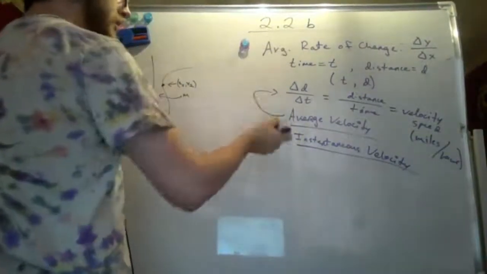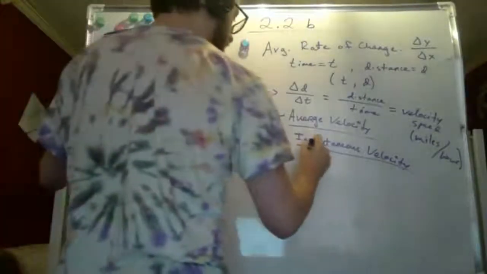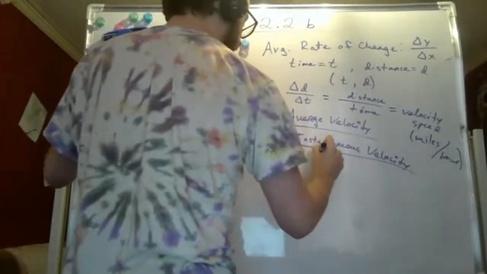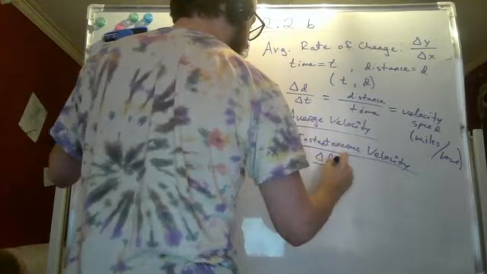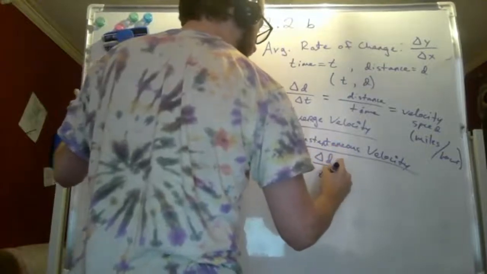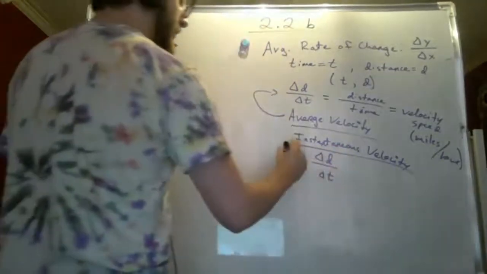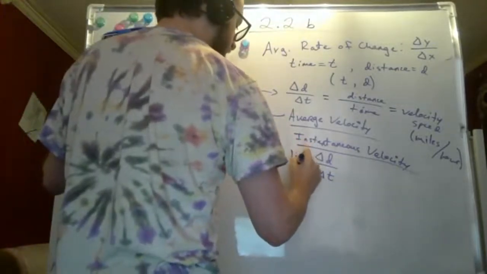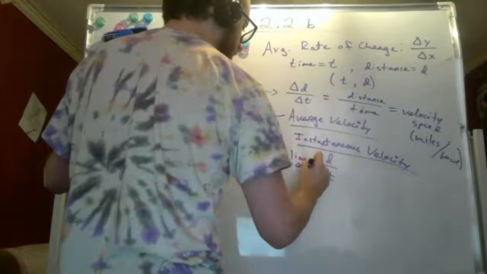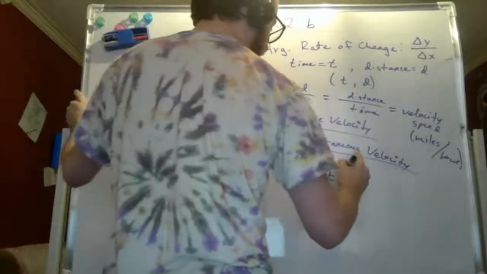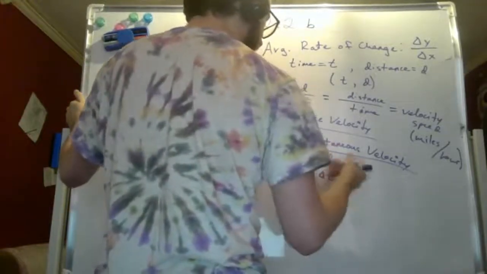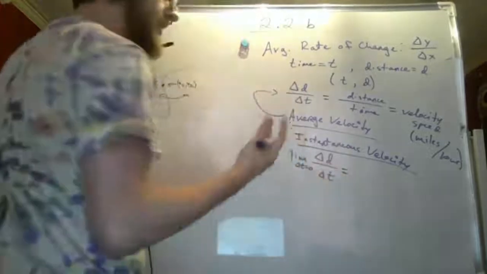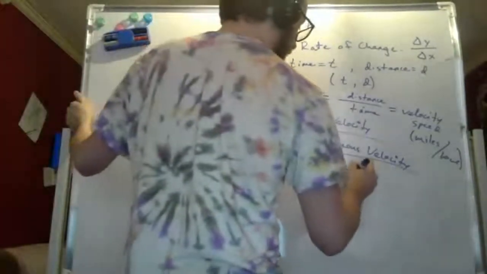So we have this example up here of what average velocity is. However, when you take the same formula, delta d over delta t, this is our average velocity here, but if we take the limit as delta t goes to 0, this gives us the instantaneous velocity that we're looking for.